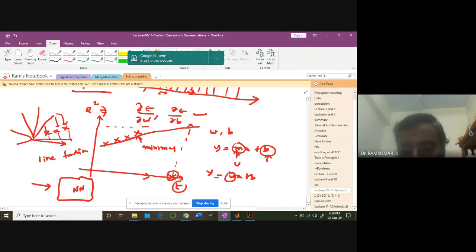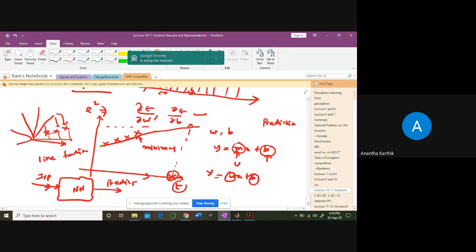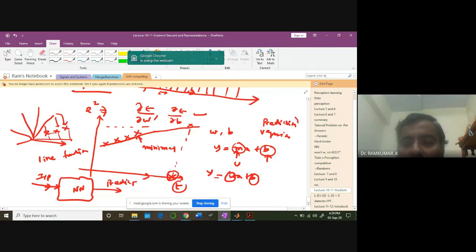Initially, you identified the weight and bias. So for that particular weight and bias, for the given new input, the network will be in a position to predict the corresponding output. That's the kind of problem we're talking about: prediction, forecasting, regression. So that problem is slightly different.